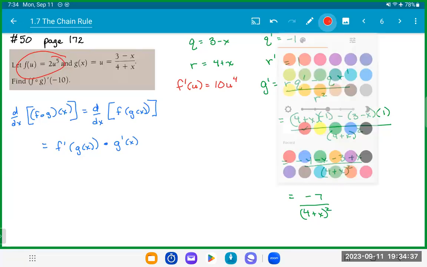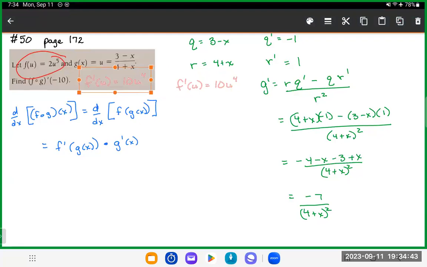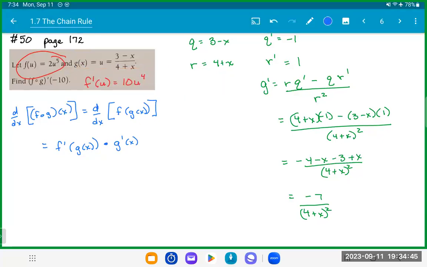Okay. Any questions so far? So when we look at f prime of g of x, what is f prime? We calculated f prime: 10 u to the 4. That's this f prime.